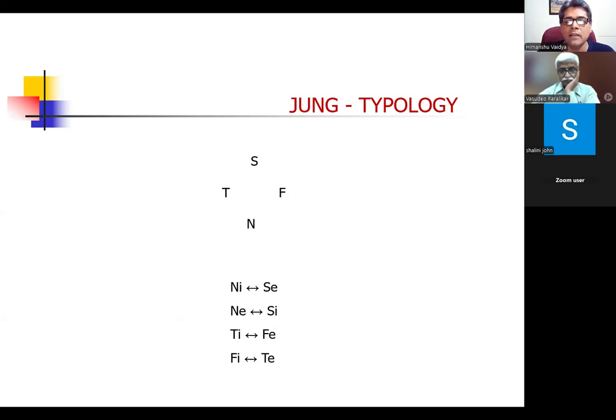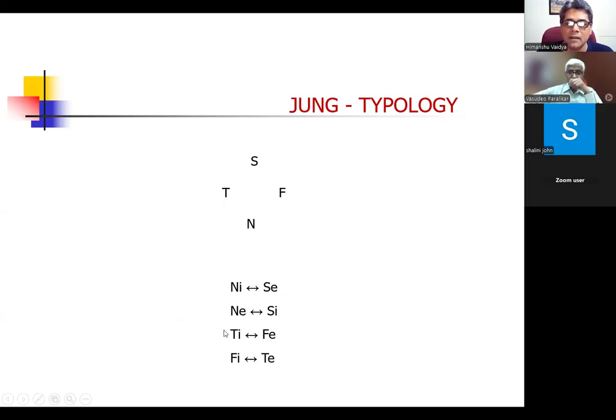And when you put this together with introversion or extroversion, you will see it like this. A person who is introverted and has intuition as the dominant function, his balancing auxiliary function will be extroverted sensation. If somebody has extroverted intuition as dominant function, his auxiliary function will be introverted sensation.